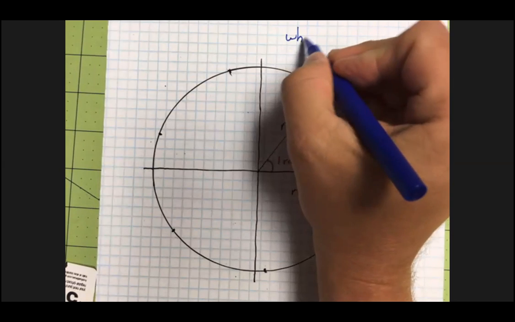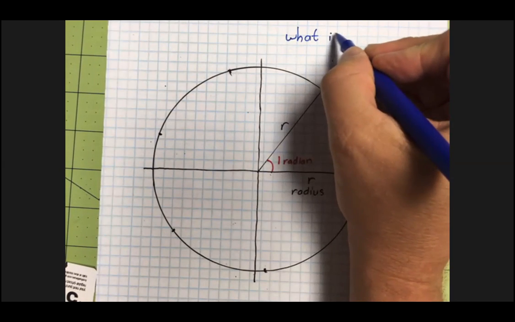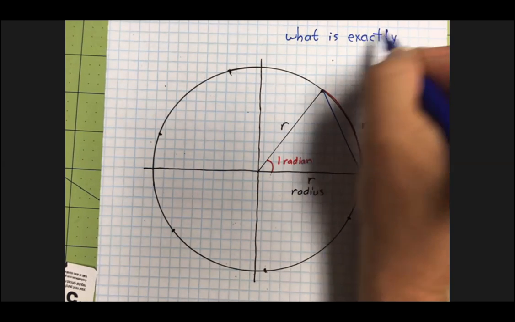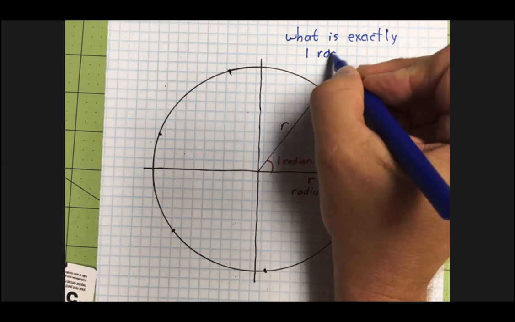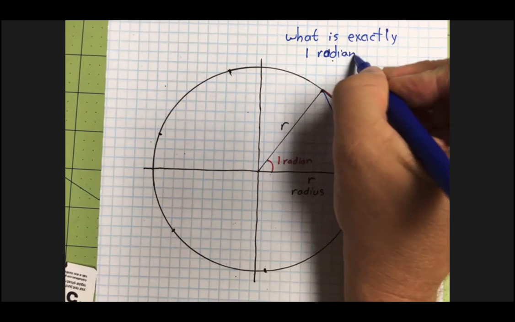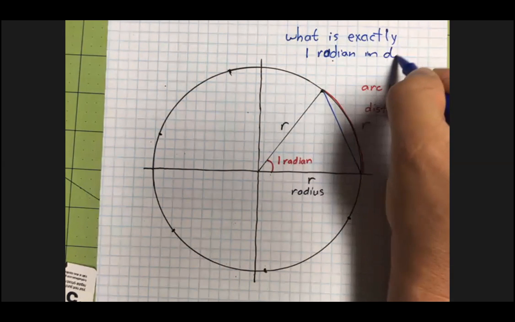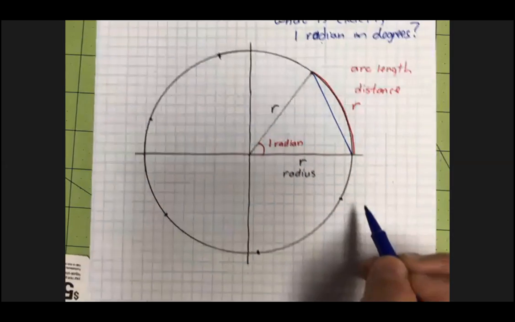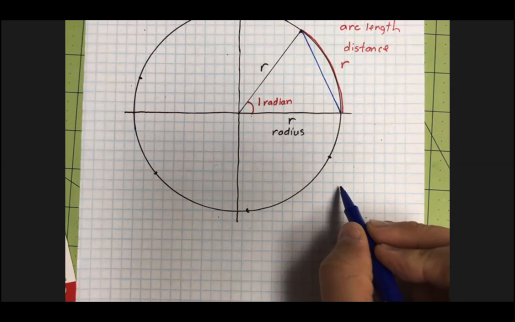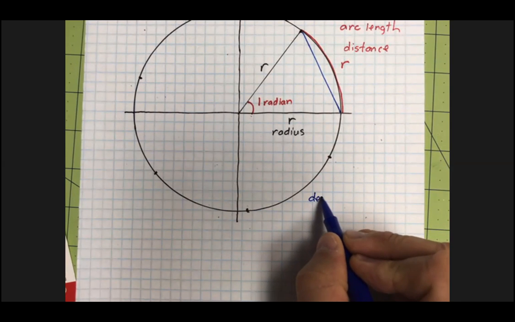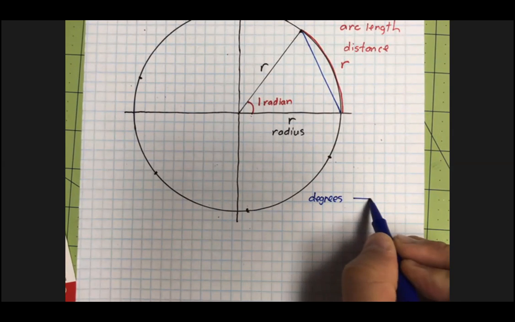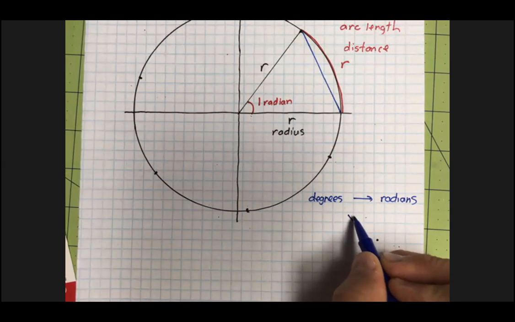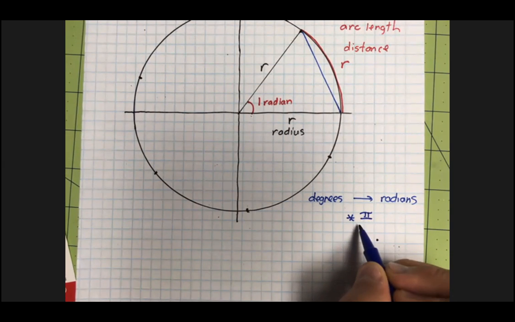So as far as degrees goes, what is exactly 1 radian in degrees? Well, we'll go to our conversion formula. If I want to convert degrees to radians, we told you that you multiply by pi over 180.